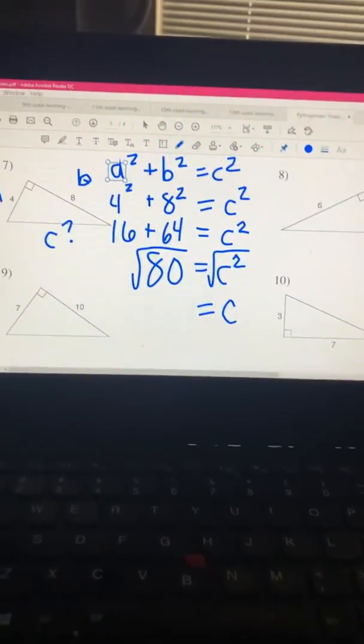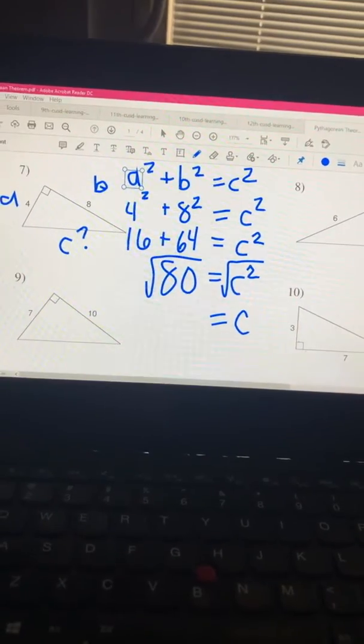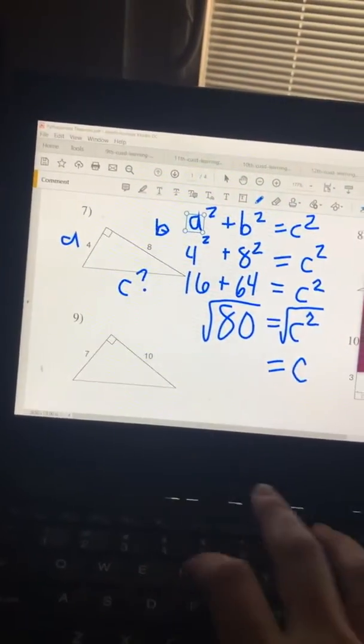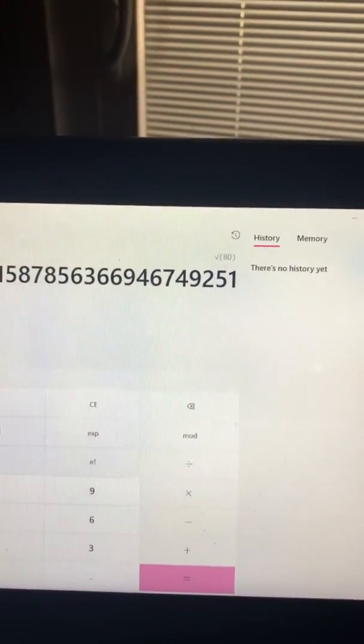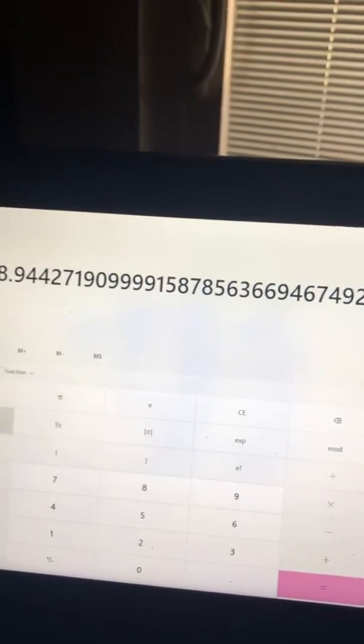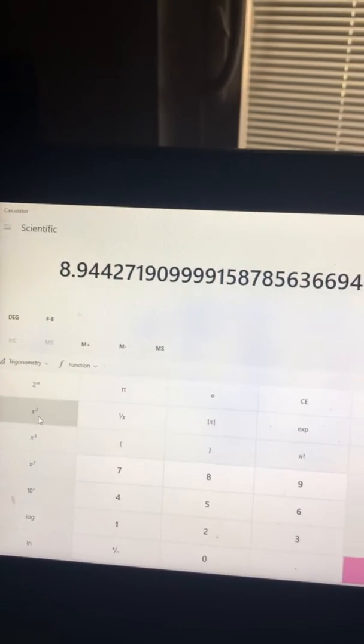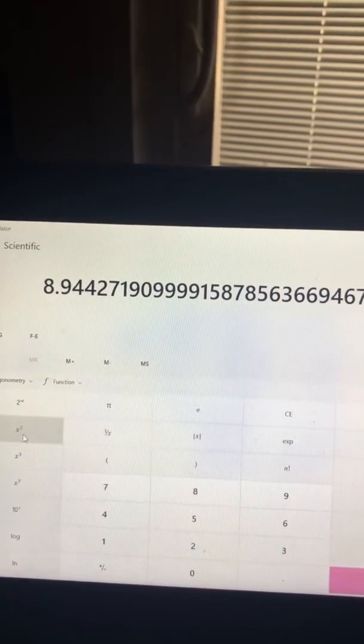I took it of 81, it was supposed to be of 80. Let me do it one more time. Bear with me, I was thinking of 81, so 80. There you go, very long number. So we're just going to round to about 8.9.